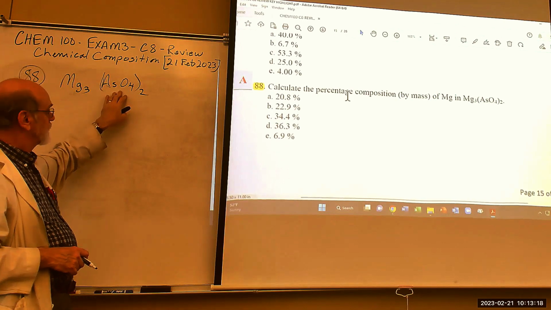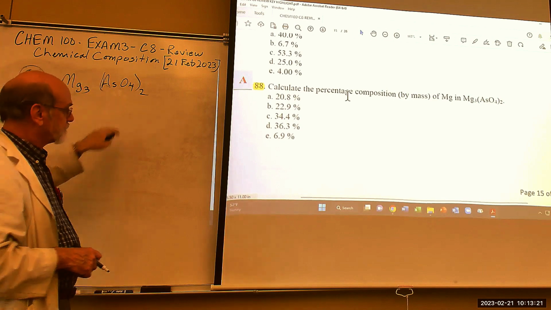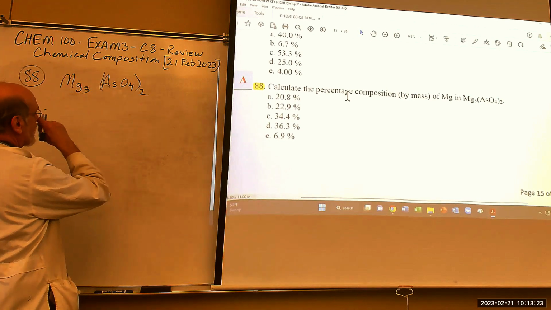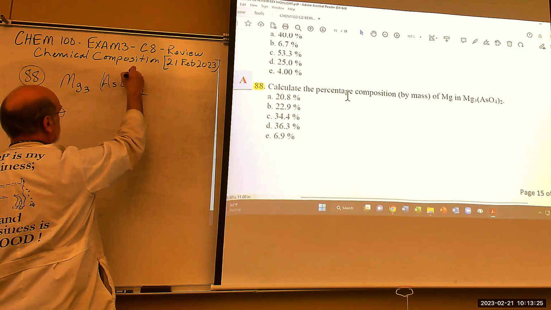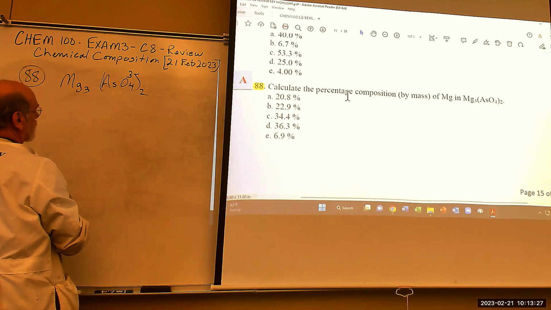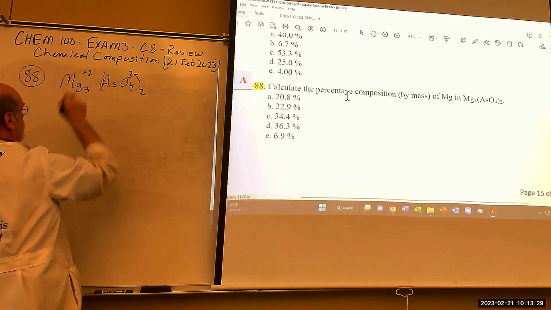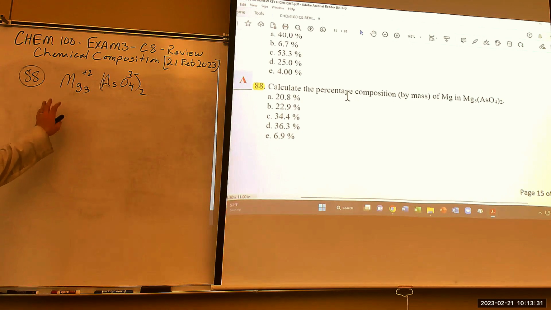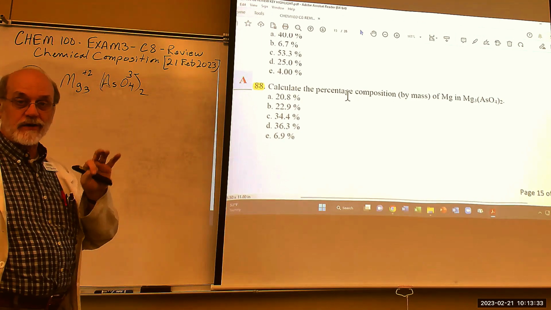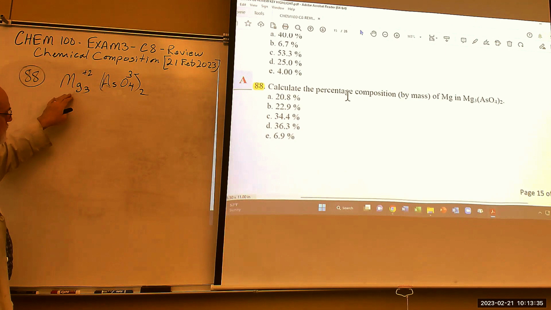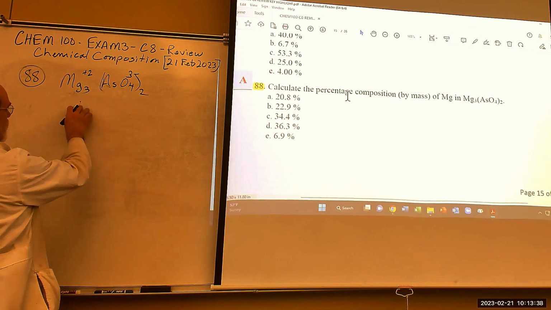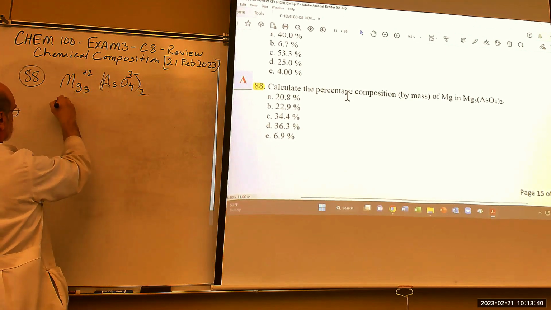So you can look it up. That's the arsenate ion. And in fact, it has a 3- charge. And this one has a +2 charge. We know magnesium has a +2 charge because it's an alkaline earth, fixed charge. So we would call that magnesium arsenate.